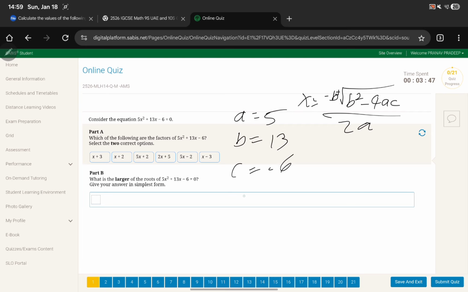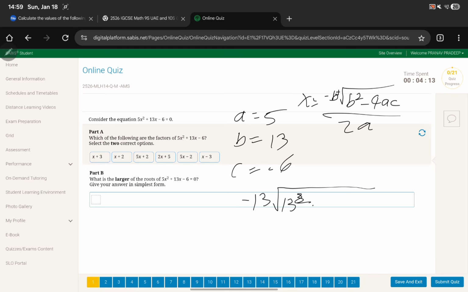So now just put in the values. b is 13, so it's going to be negative 13 plus or minus the square root of b squared. That'll be 13 squared, which gives you 169.